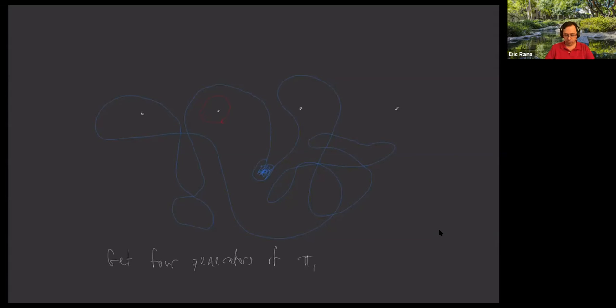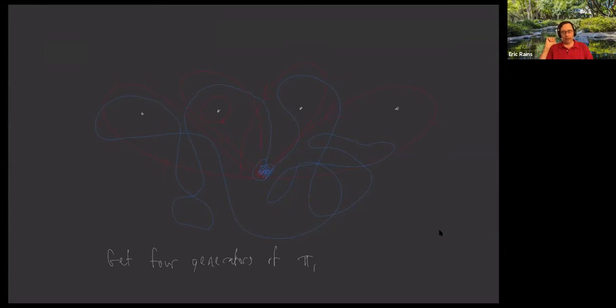of the fundamental group. We start at our base point, loop around, loop around, loop around, and loop around. So for each of our singular points, we take an obvious loop around, and then we just need to make sure we orient them in a consistent way. And that gives us our four generators.